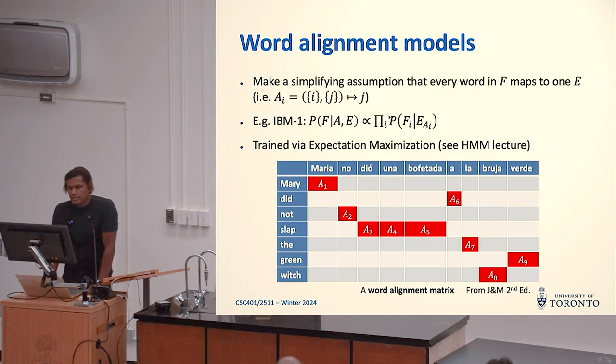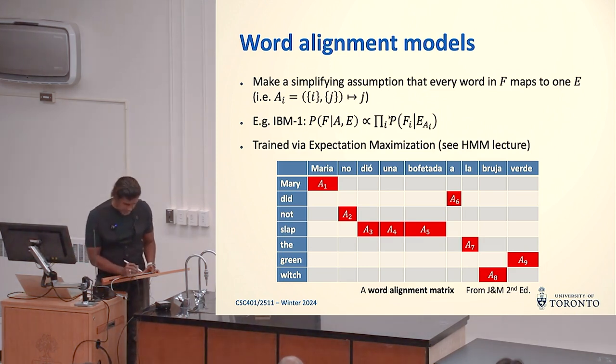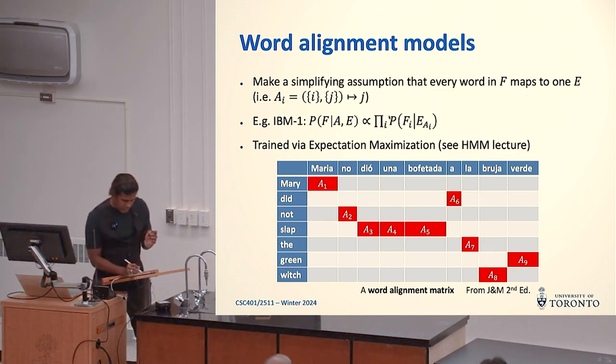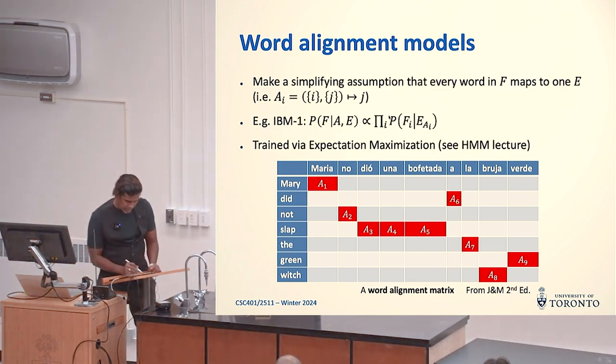If the granularity is word level, then we make a simplifying assumption: that every word in F, every word in the source language, maps to one target language word, okay?